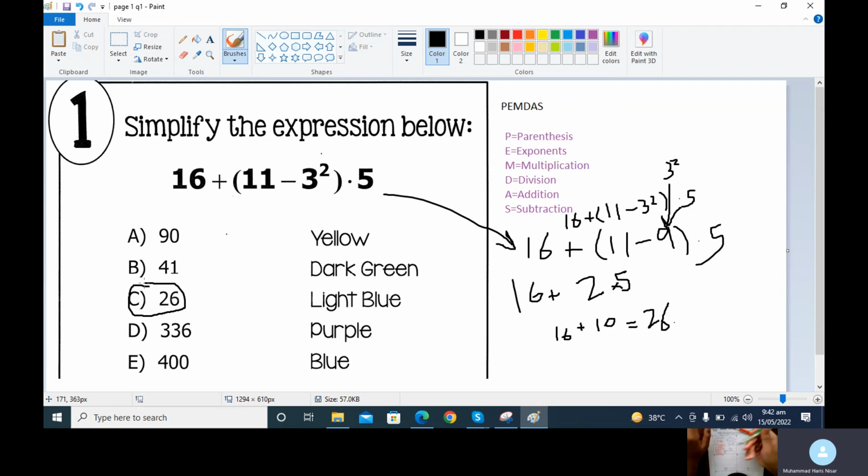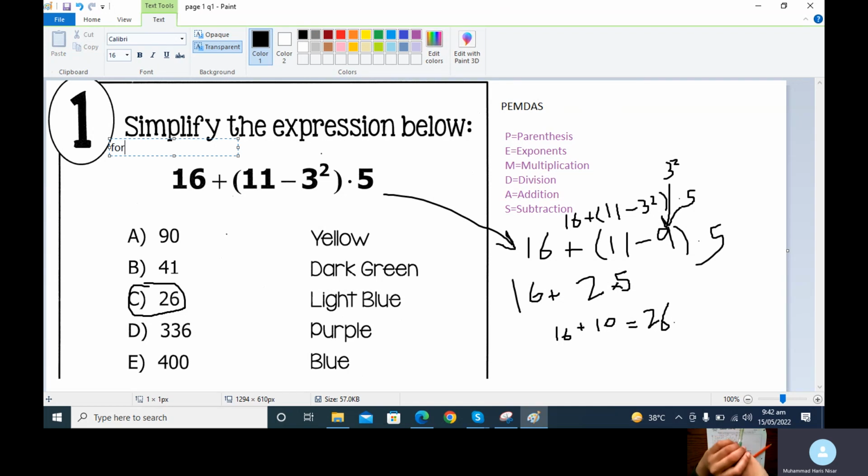A small note that for this type of expression, you will use the method of PEMDAS to solve.